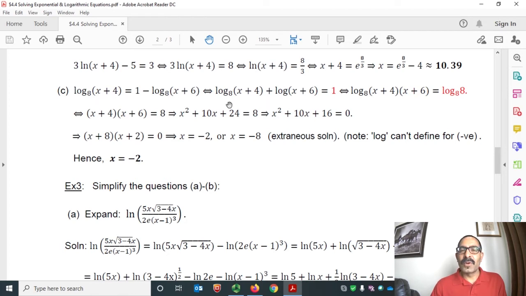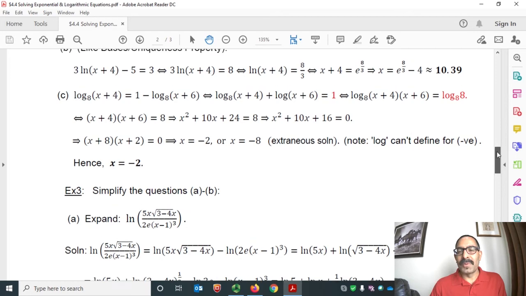Then I can use the properties of log. We know the log of a product is the sum of the logs. So then this sum equals log, only one log common, and then multiply the arguments x plus 4 times x plus 6. And then I wrote 1 equals, here our log function has base 8, so log 8 with base 8, because this is 1.